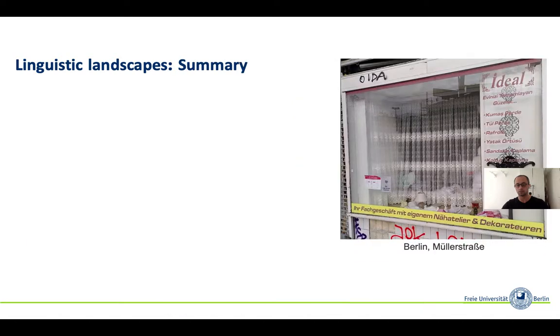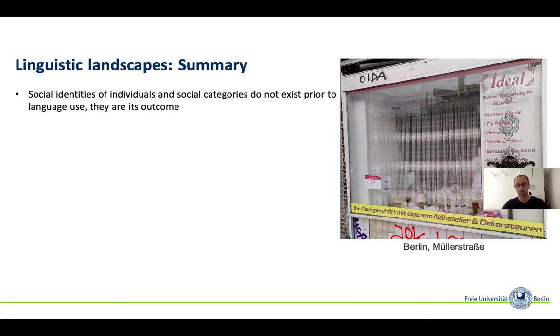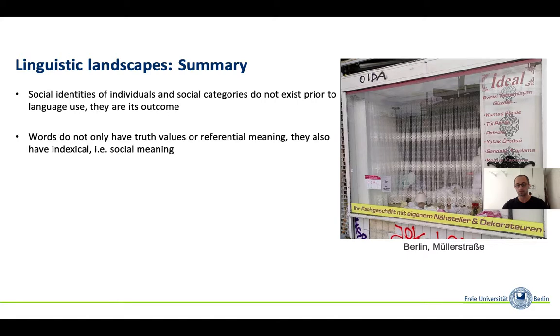Okay, so what have we learned in this video? So we know that social identities and social categories do not exist a priori, prior to language use, but they are the outcomes of language use.